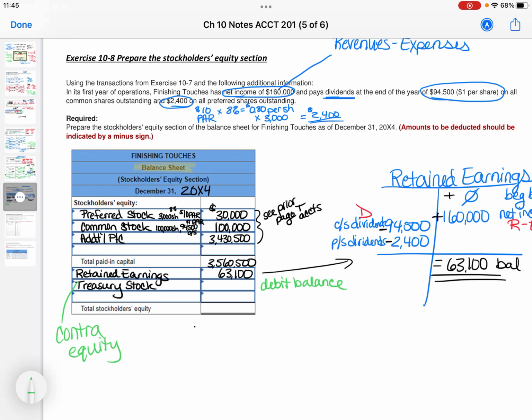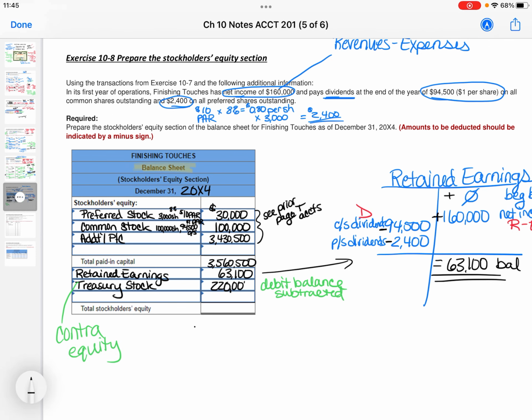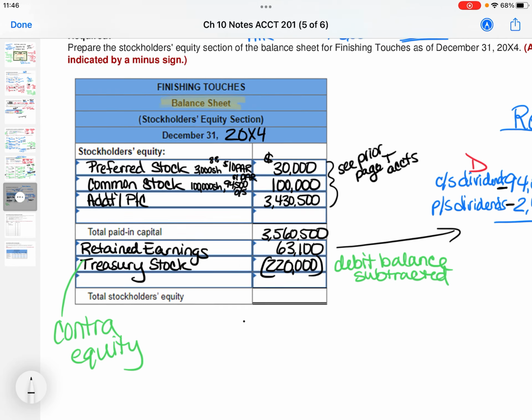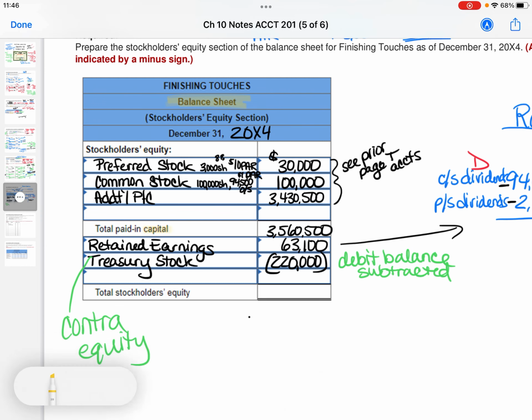A debit balance needs to be subtracted. So the account total was $220,000. Remember, we sold back half of it. We still have half. It is subtracted. So I've got that as a negative number. Let me zoom in. There we go. So total stockholders' equity. Start with that paid in capital.